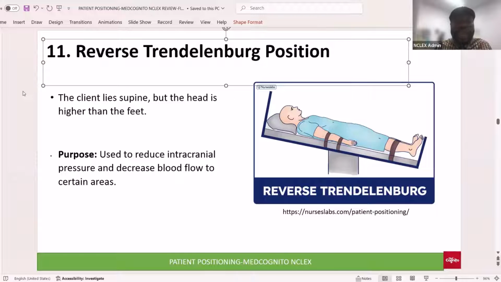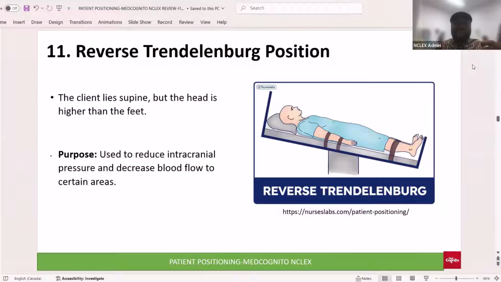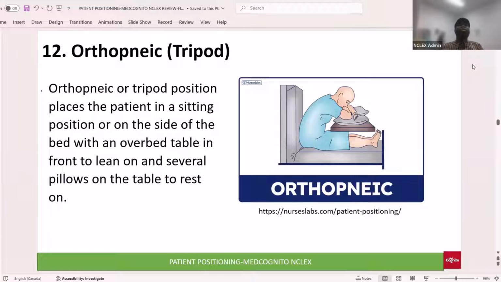So reverse Trendelenburg, we've learned what to use it for. What about the orthopneic tripod position? The name even speaks for itself.